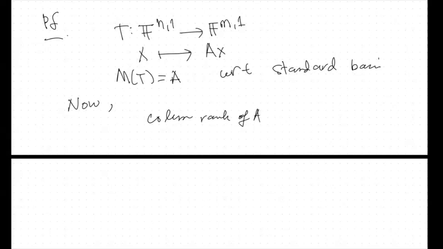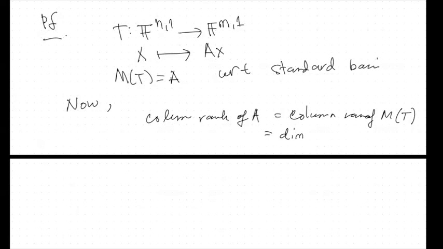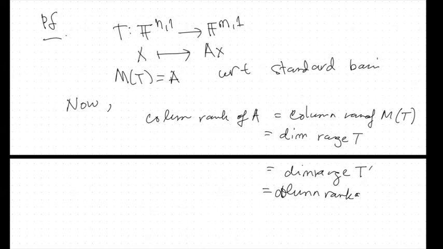The column rank of A is equal to the column rank of the matrix of T. This is equal to the dimension of the range of T, which is equal to the dimension of the range of T prime, which is just the dual map of T. This is equal to the column rank of the matrix of T prime, which is just the column rank of the matrix of T transpose.